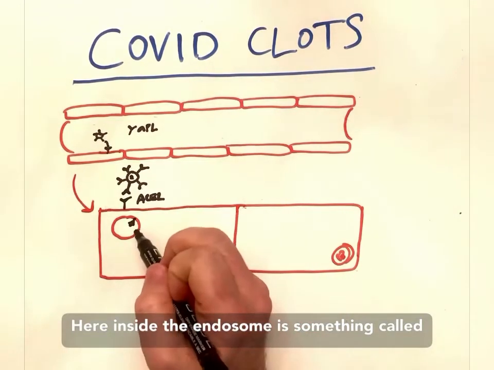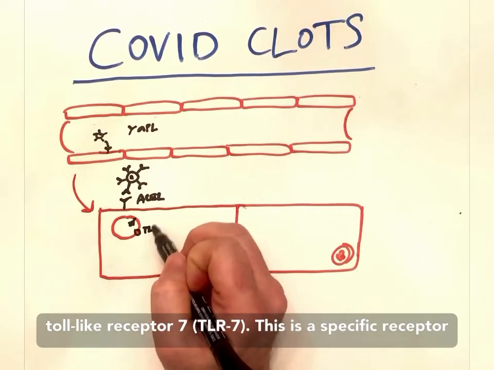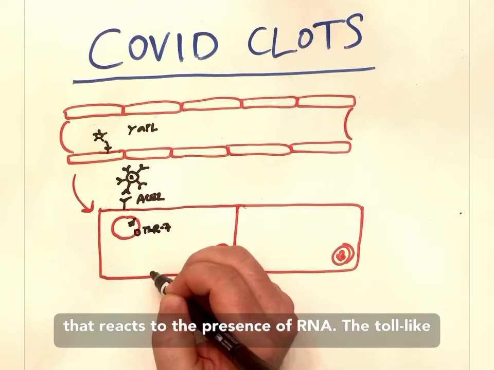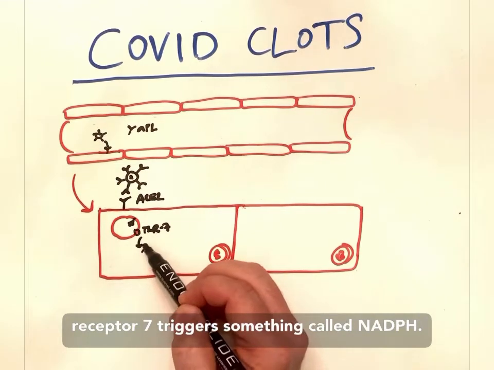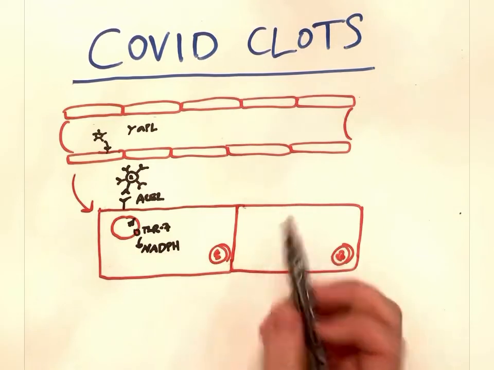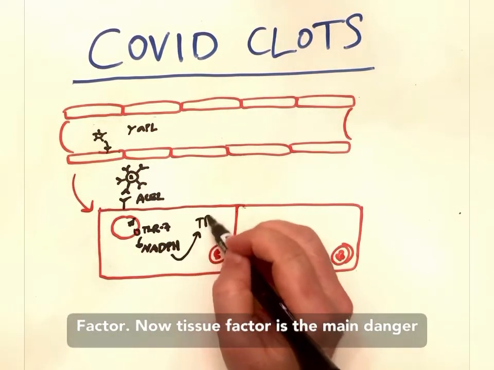Inside the endosome is something called toll-like receptor 7. This is a specific receptor that reacts to the presence of RNA. The toll-like receptor 7 triggers something called NADPH, which then triggers something called tissue factor.